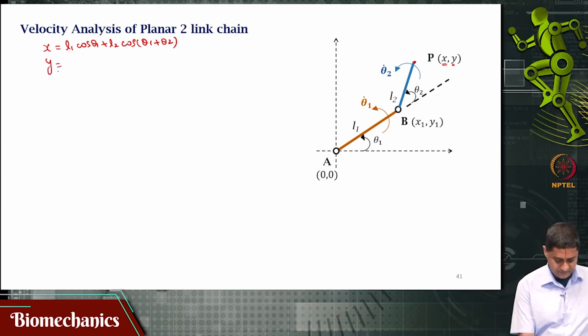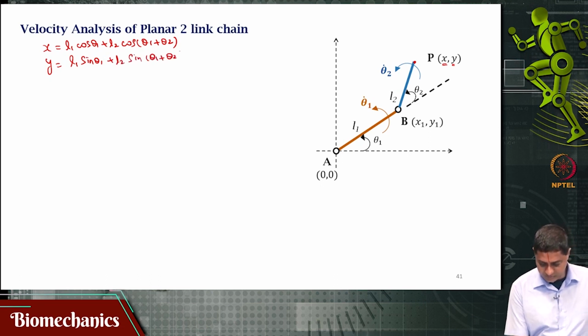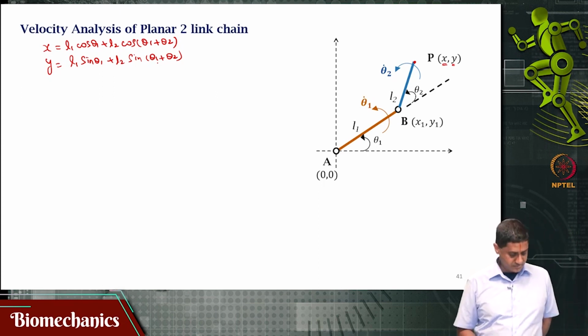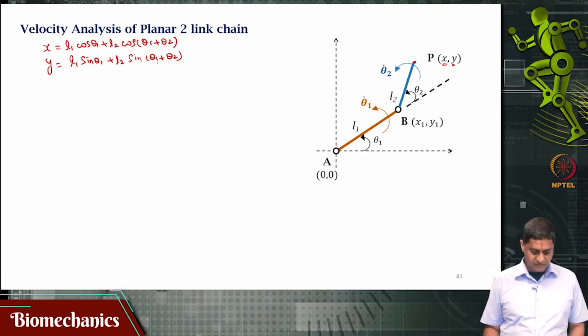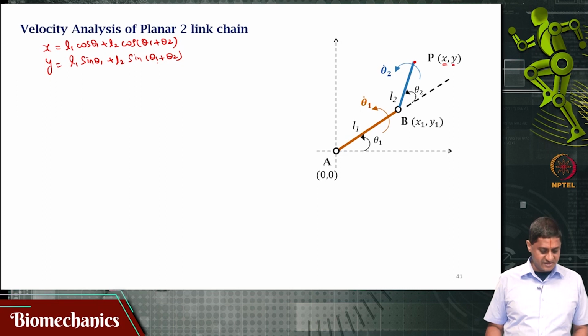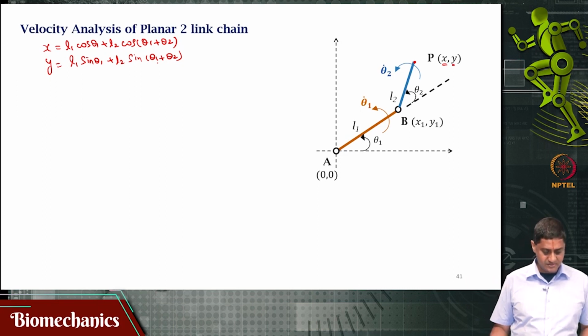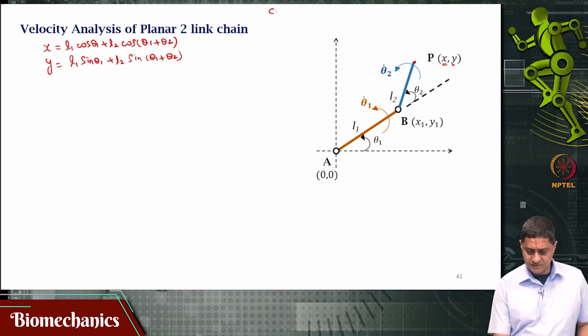Y is L1 sin theta 1 plus L2 sin of theta 1 plus theta 2. This is also something that we know from the previous analysis, right. I am going to use this notation.